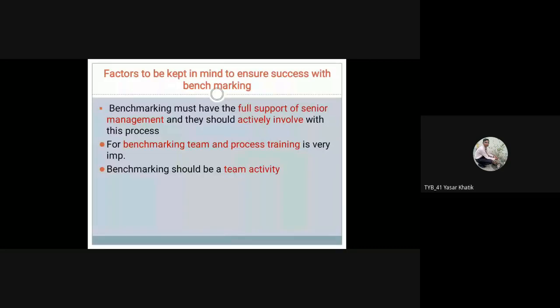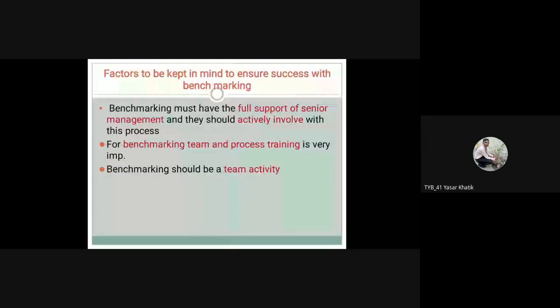So you can convey your message to your higher authority and try to convey that the product will be better. So we have to do some benchmarking, and once they are ready for that, you can go for the benchmarking. Without senior management support you cannot do it. So this is the initial stage where you can start your benchmarking.